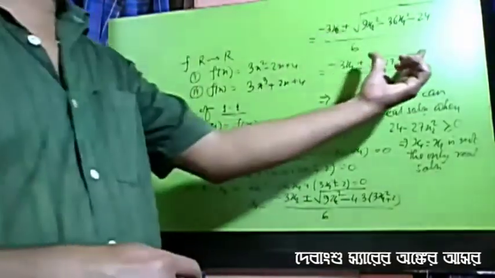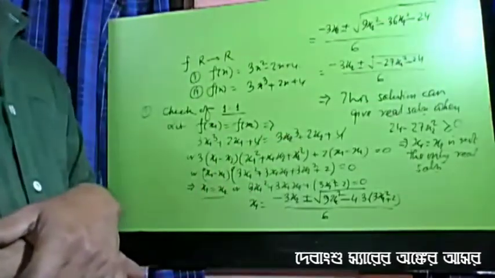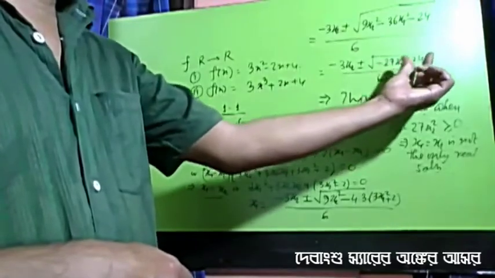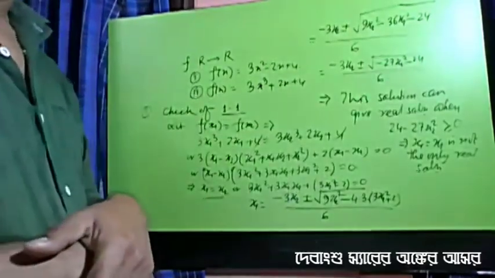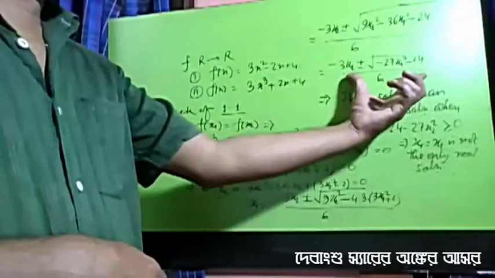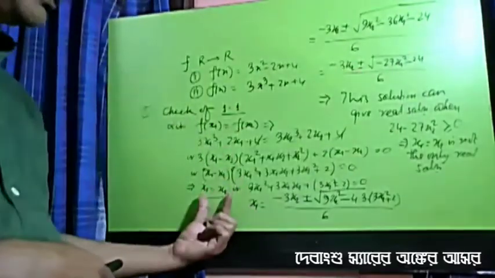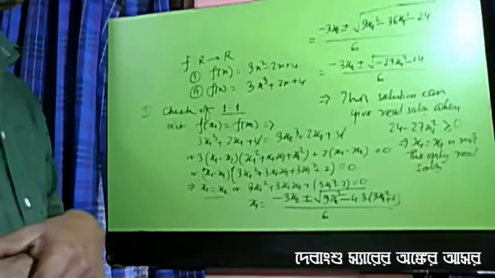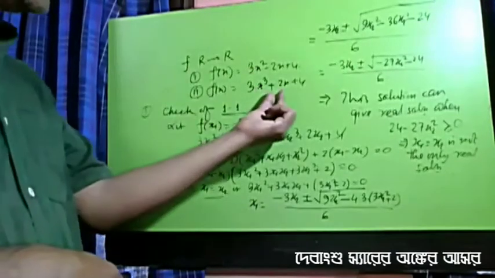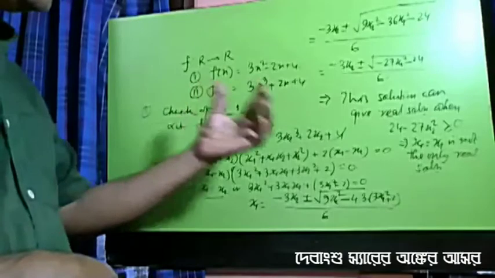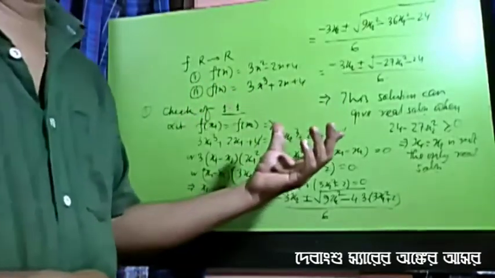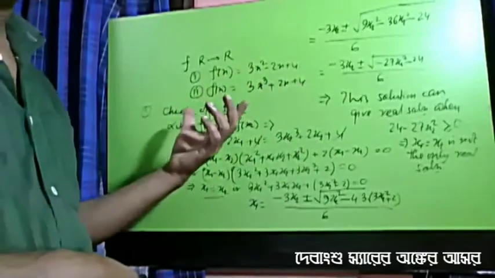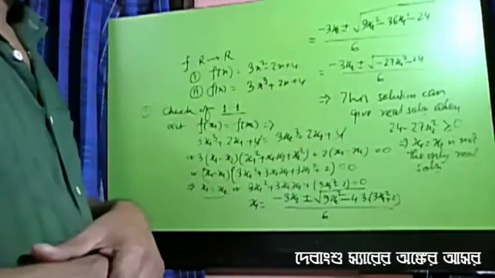Its maximum value is minus 24, so it is always negative. In that case, x1 equal to x2 is the only solution. So just by changing the sign, the mapping becomes injective.